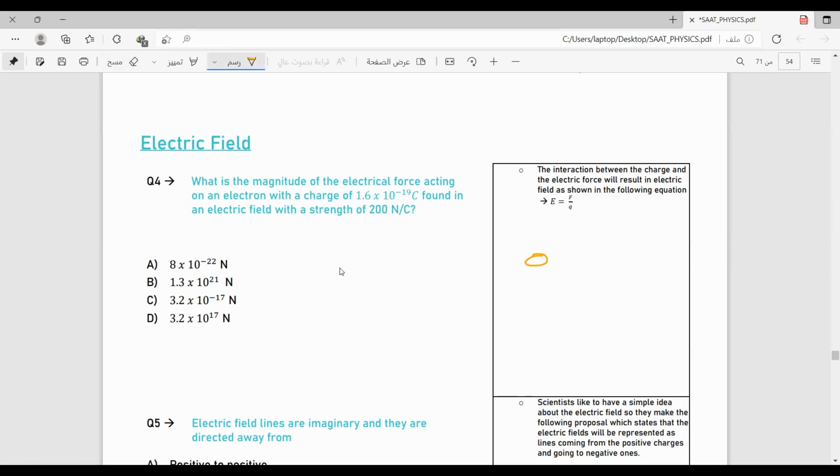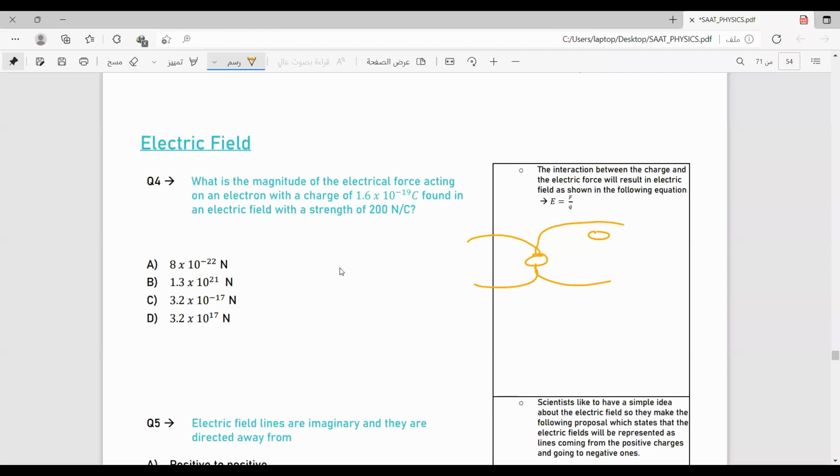And whatever is inside these lines, for example, another charge or another object, will be affected by a force because it is inside the area of the electric field.